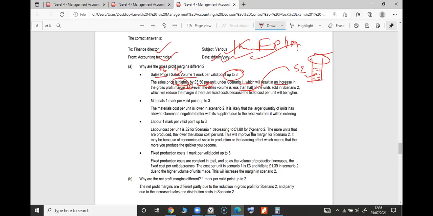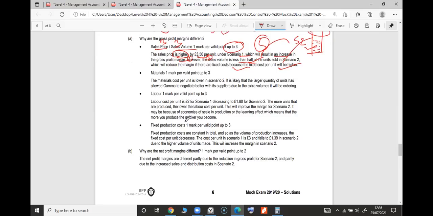Next, the fixed cost, which will reduce the margin, because the fixed cost per unit will be higher. Like in scenario 1, fixed cost per unit is higher, but in scenario 2, fixed cost per unit is lower. Material cost per unit in scenario 2 is lower, because you're buying a larger quantity, with better negotiation.